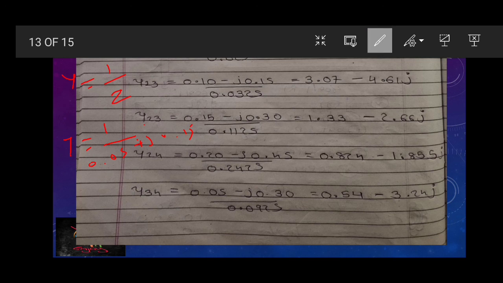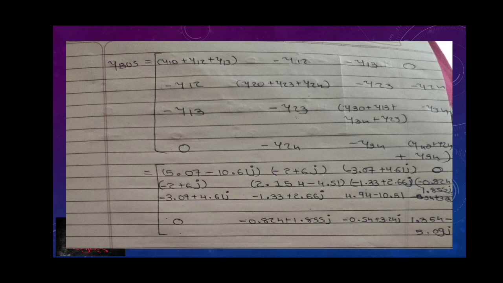To get the y term, we multiply by its conjugate. What is the conjugate of 0.05 plus j0.15? It is 0.05 minus j0.15. So you can get this term, and similarly y12, y13, y23, y24 and y34.